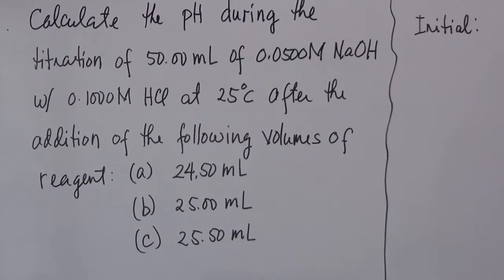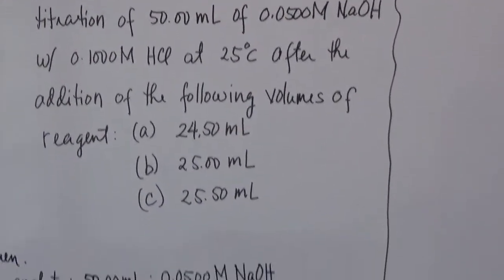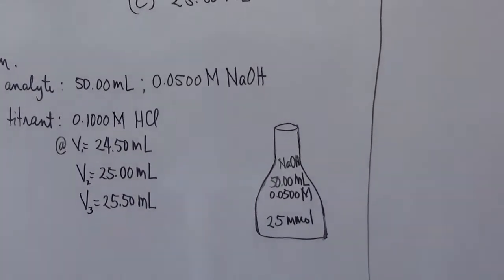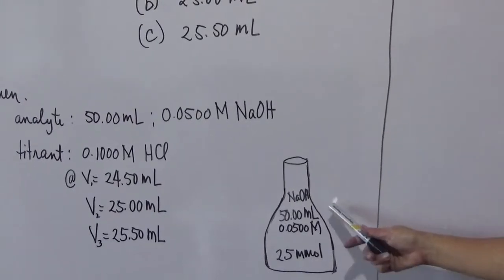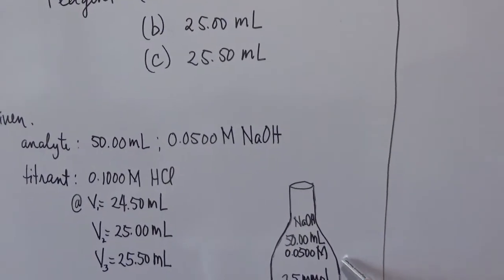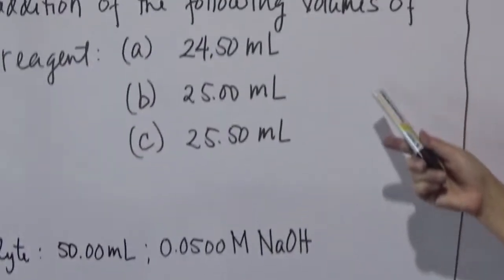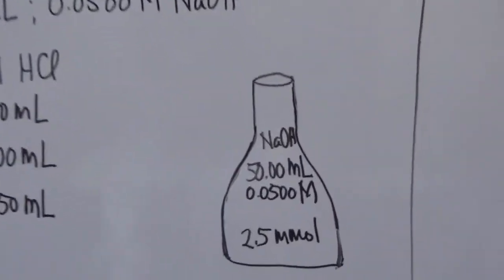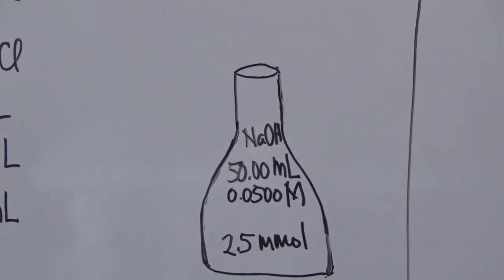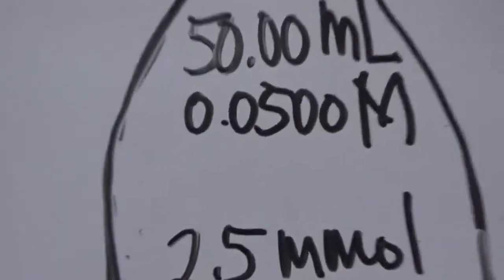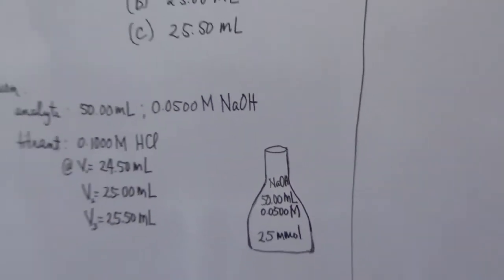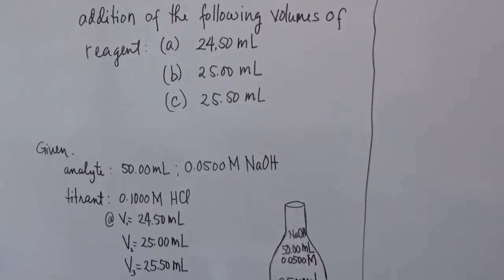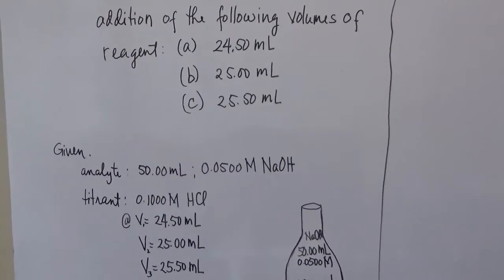But we are going to determine what volume of hydrochloric acid will completely neutralize the 50 ml sodium hydroxide, that is at equivalence point. Then the other is after equivalence point. So again, there are 3 steps that you are going to consider: before equivalence point, at equivalence point, and after equivalence point.